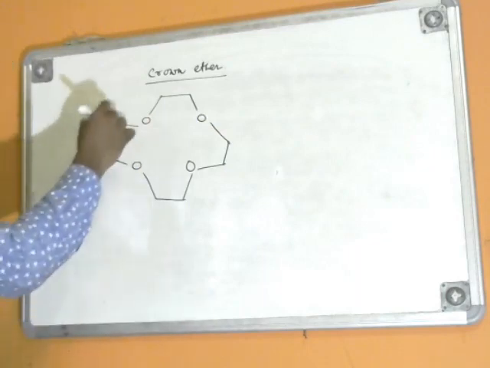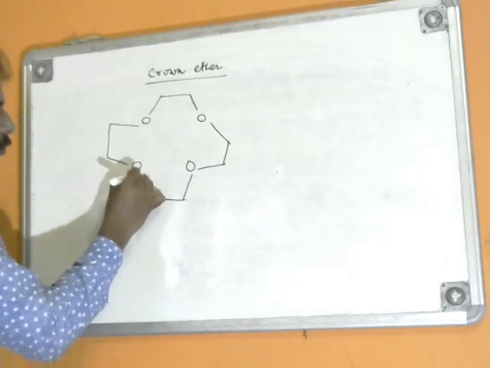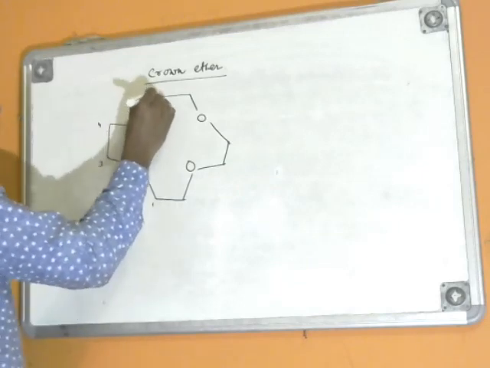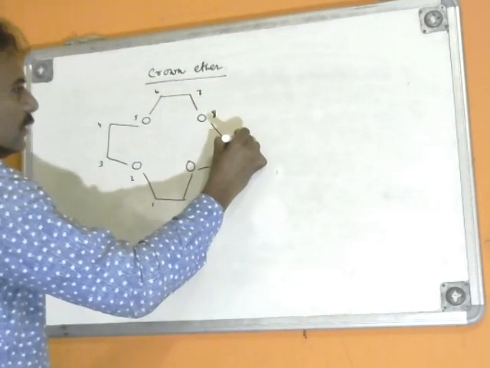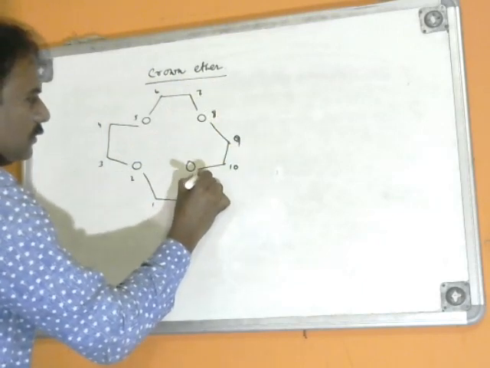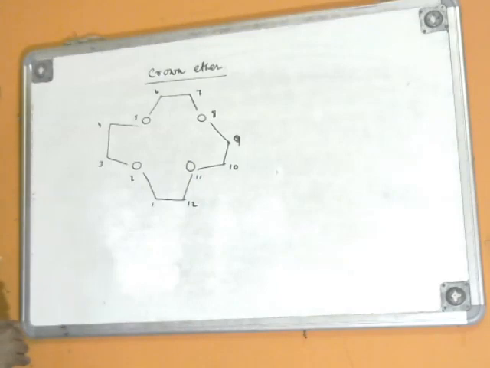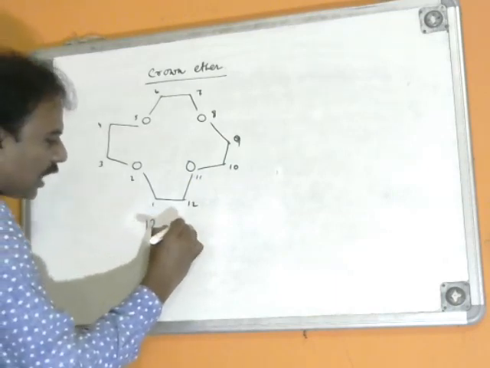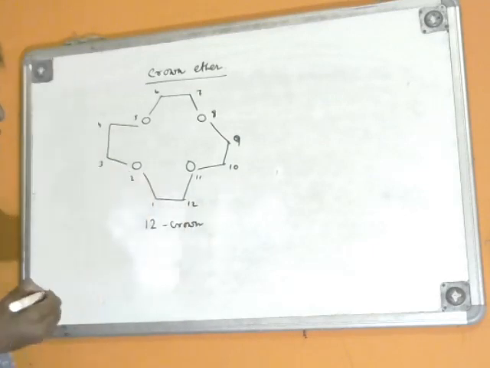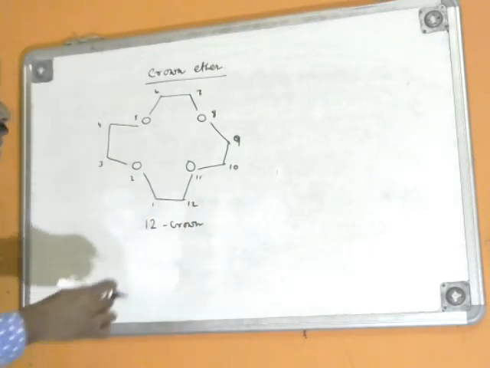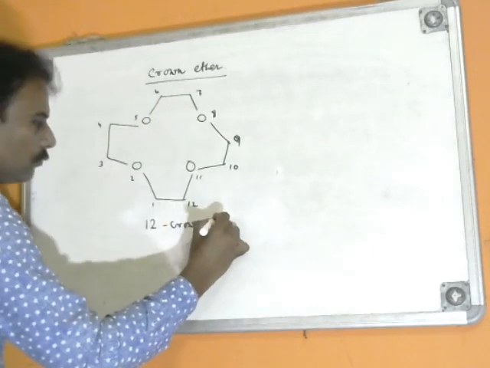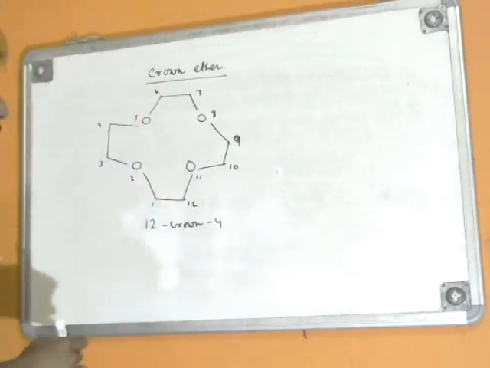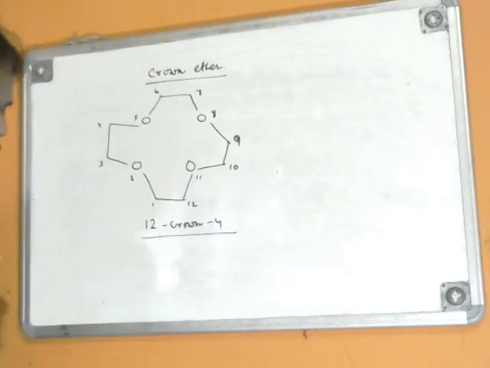So how many atoms are in the ring? 1, 2, 3, 4, 5, 6, 7, 8, 9, 10, 11, 12. So 12 atoms are in the ring. So the compound is named in this manner: 12 crown. And how many oxygens are present? 1, 2, 3, 4. So 4. So that compound is named 12-crown-4.